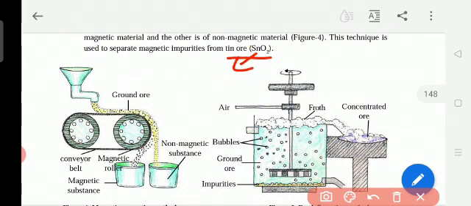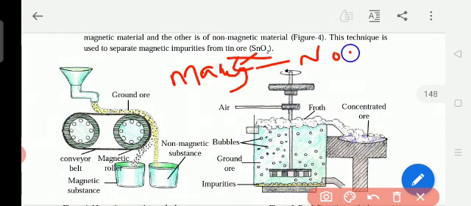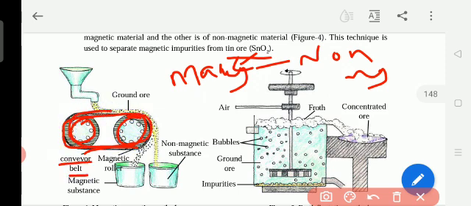Magnetic material and non-magnetic materials are present in these impurities. First we have to make the ore into powder. Now this is the conveyor, these are the wheels. Around these wheels one belt is present. This belt is called a conveyor belt.